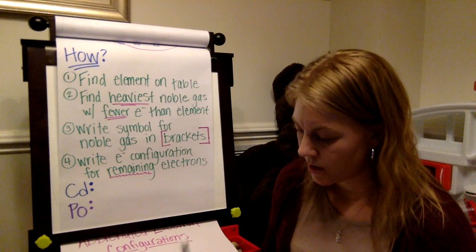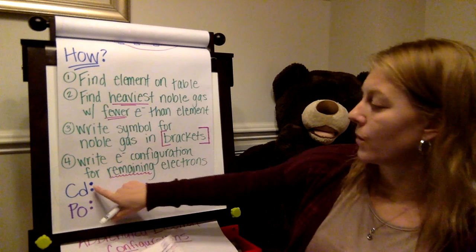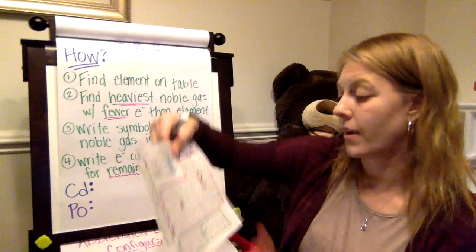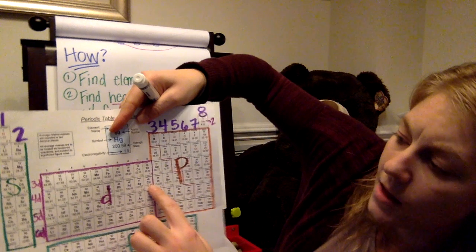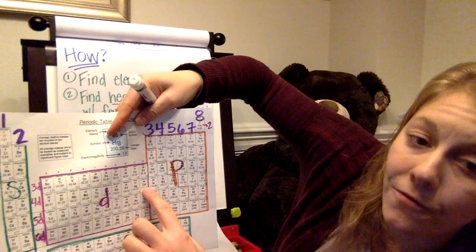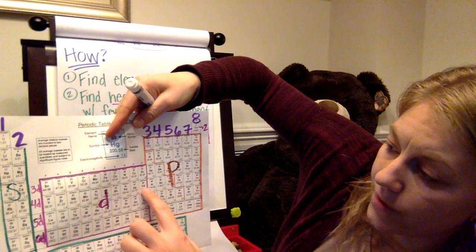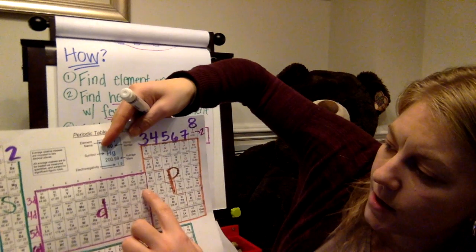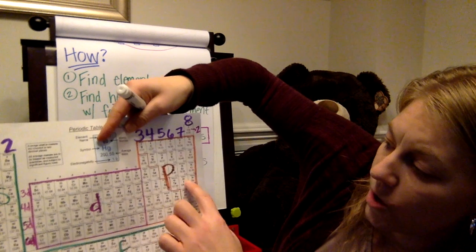The very first one we're going to do is cadmium. Looking at the periodic table, cadmium is right here, Cd. I'm going to need to find the heaviest noble gas with fewer electrons, so I'm going to look right here. We have xenon here.